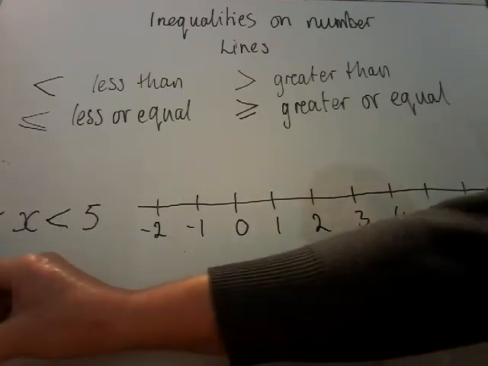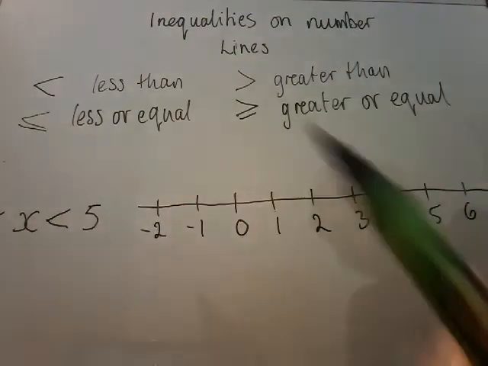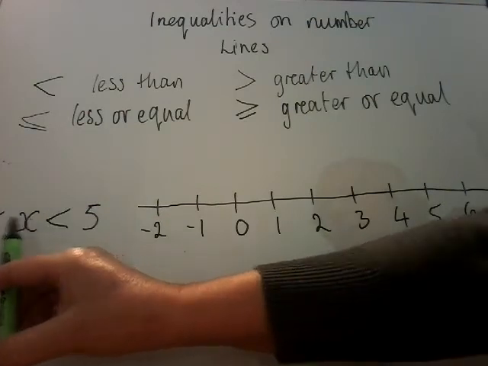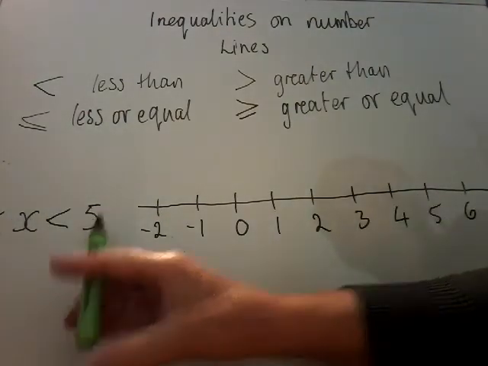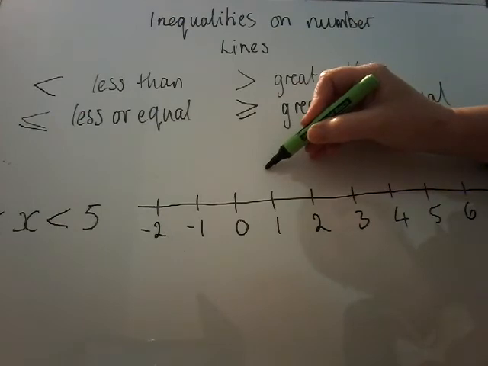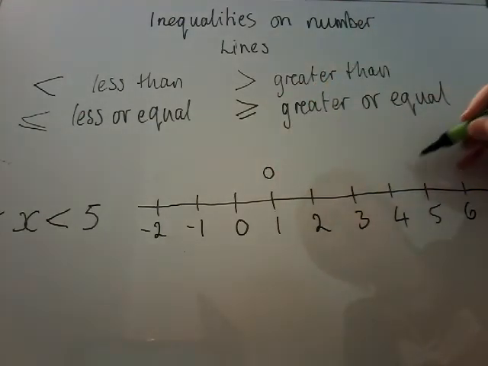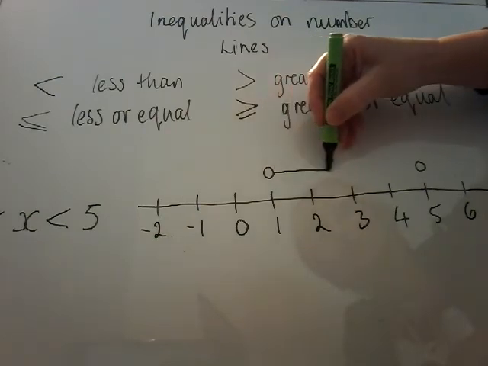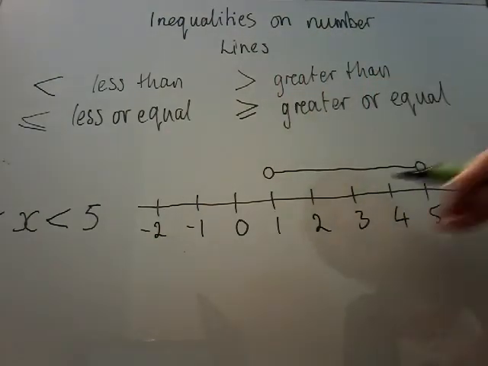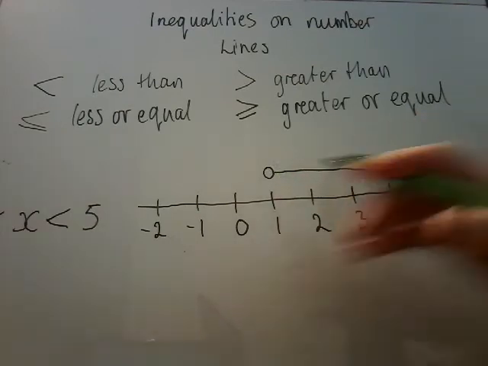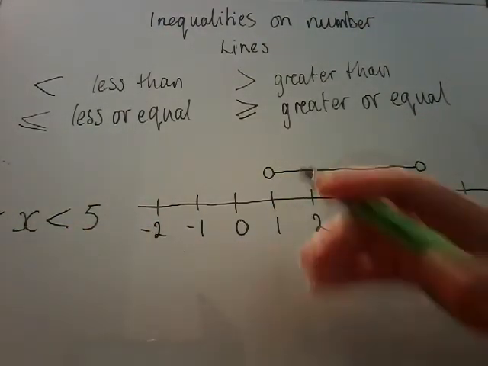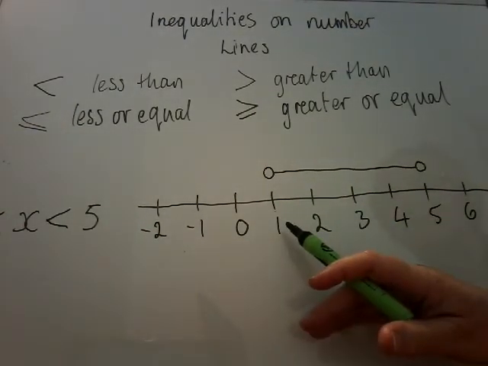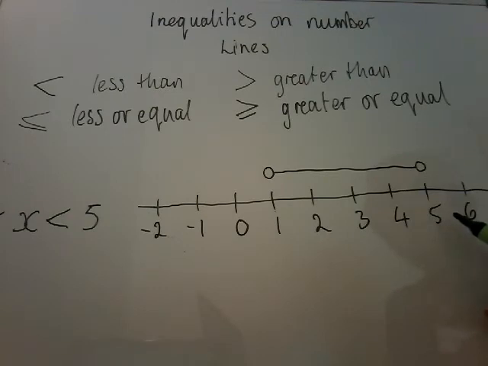Now on this one you can see that I haven't got the second underline there, so it's not equal to as well. So if x can be any number between 1 and 5, I draw that by, instead of having an arrow, I just have a line with circles at both ends to show that x can be any number between 1 and 5. And because I haven't got the equal to as well, they're not filled in. They are hollow circles to show it doesn't actually include the 1 and it doesn't include the 5.